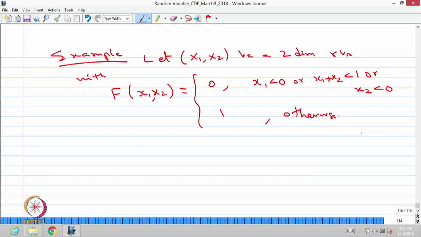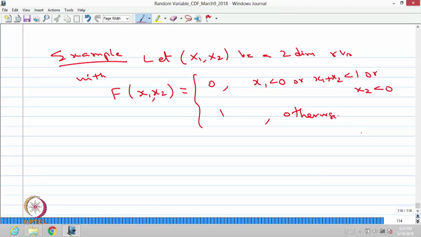That means this is a real valued function with two variables. Whether this satisfies the three properties which we have given. If all these three properties are satisfied, then you can conclude this will be the CDF of a two-dimensional random variable. You can easily verify the first two properties.